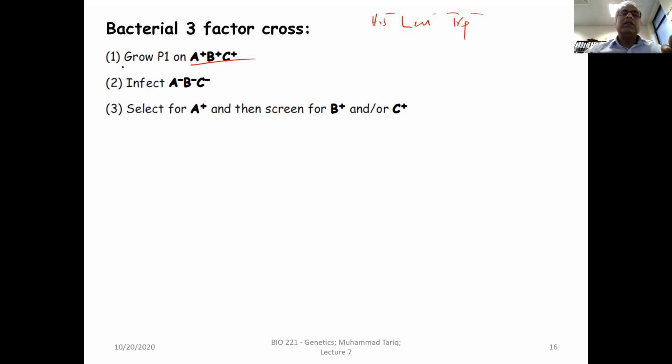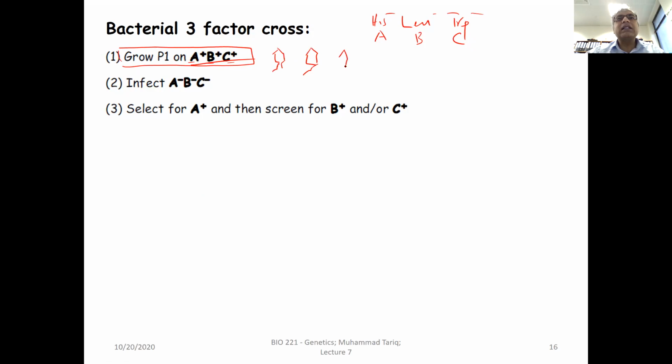We infect P1 phage to A, B. So His minus is A, leucine is B, and tryptophan is C. After infecting bacteria, you isolate the phage particles.